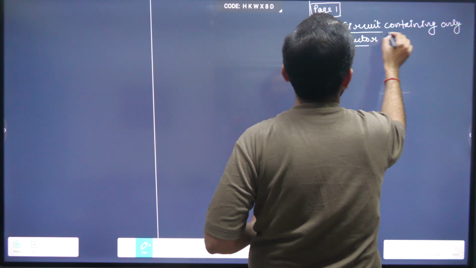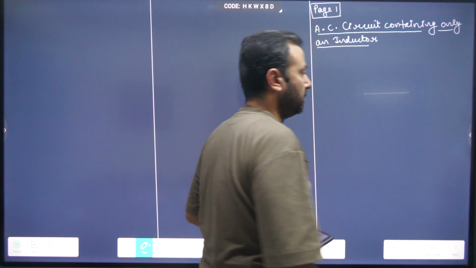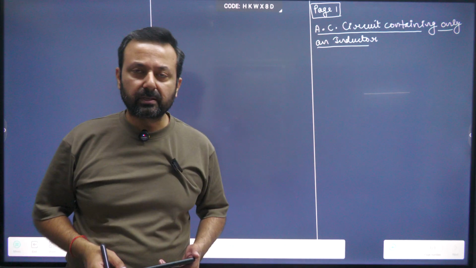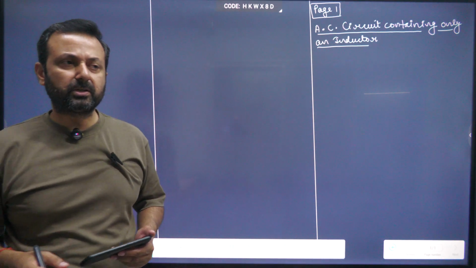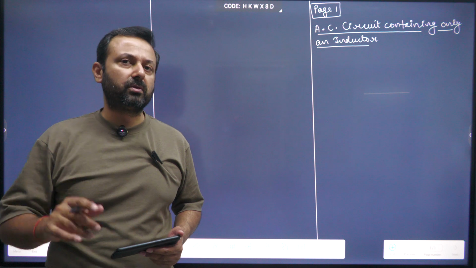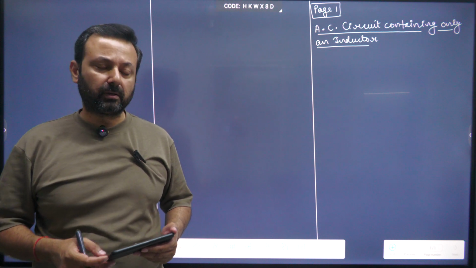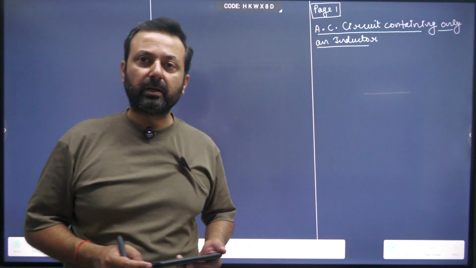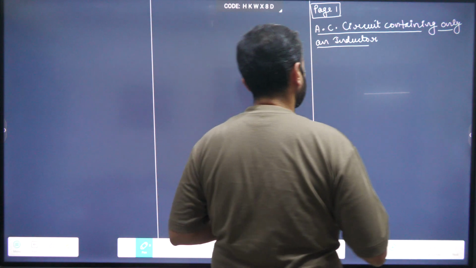So now I am talking about that AC circuit in which we have only one component, and that component is an inductor. So what will be the circuit diagram of this circuit?